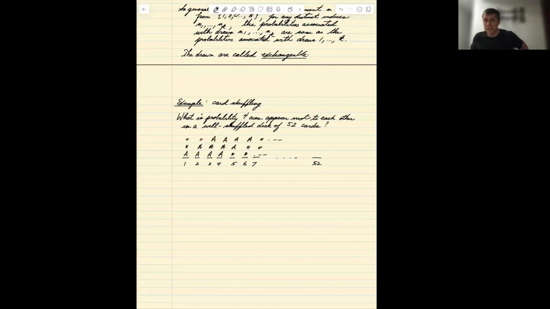So there's a few possibilities there. I'm asking that they're just right next to each other, even though I've shuffled the deck, that they just so happen to appear that way. Well, the probability is going to be the probability of this event plus the probability of this event plus the probability of this event. We have to add up all those individual probabilities.